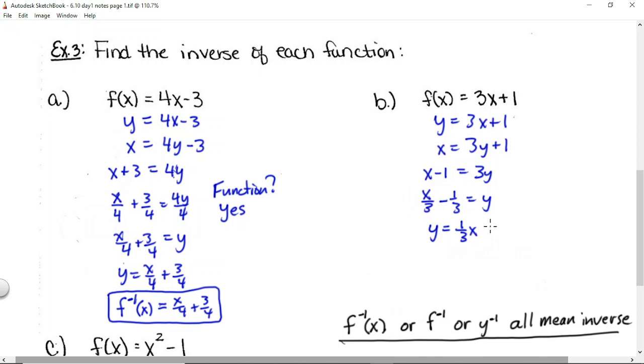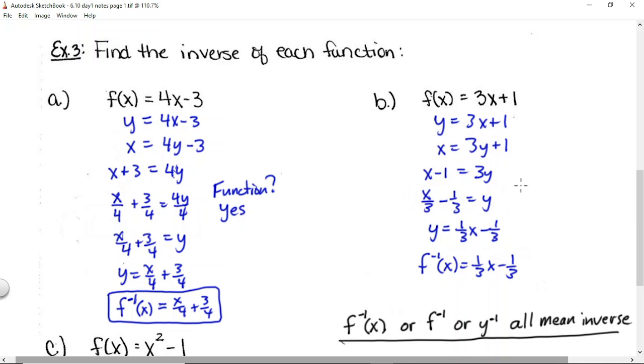Okay, so that's it. I just rewrote it, and then I am going to write it with this notation: f to the minus 1 of x equals 1/3 x minus 1/3.